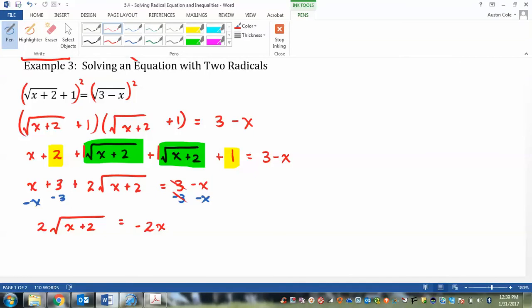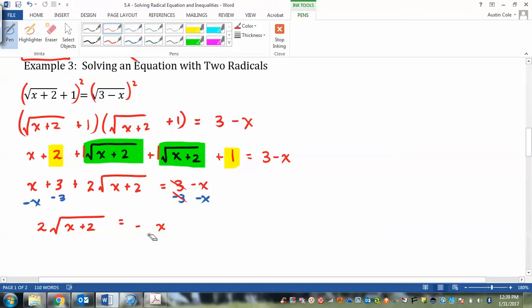No, we didn't. At this point, you can do two things. We can either square both sides or we can divide by 2. Now, this is my first time rolling through this textbook, and I don't know how the problems are going to be. So, could we divide both sides by 2 here? Yeah. That would work.